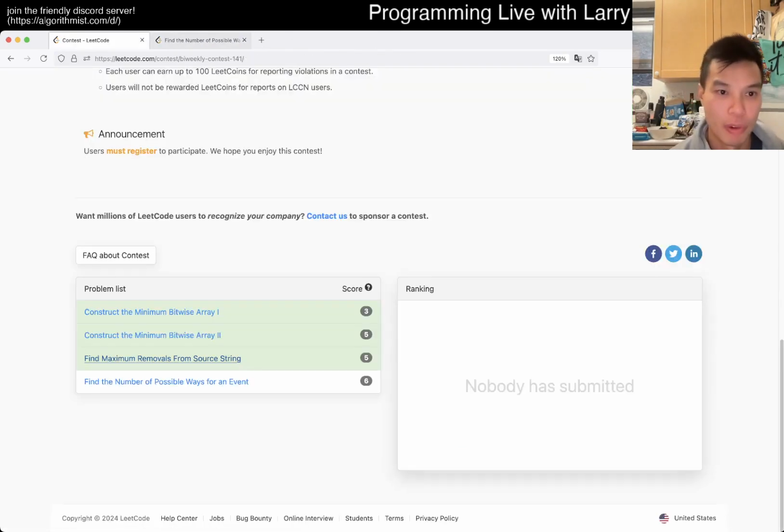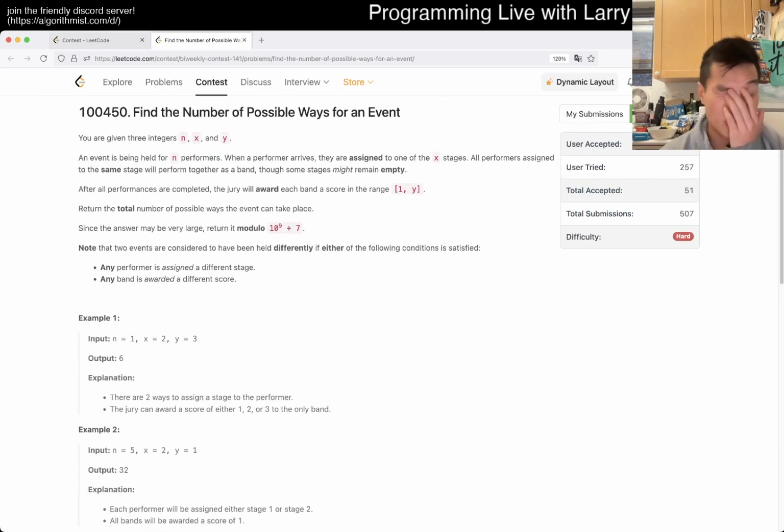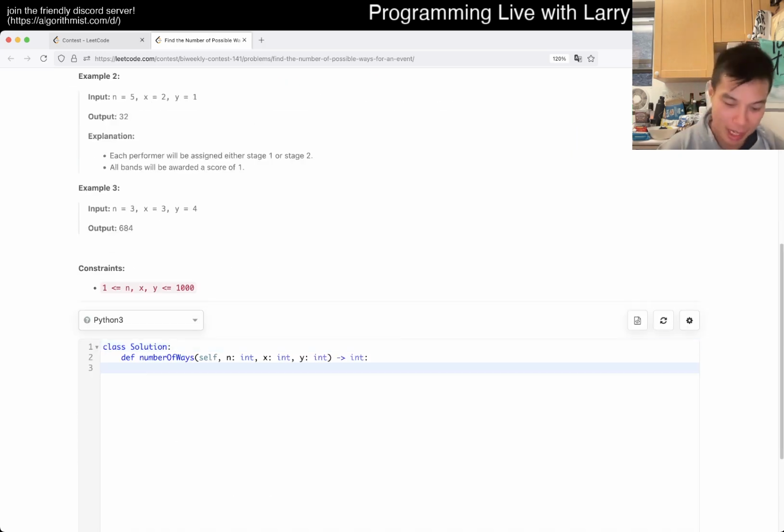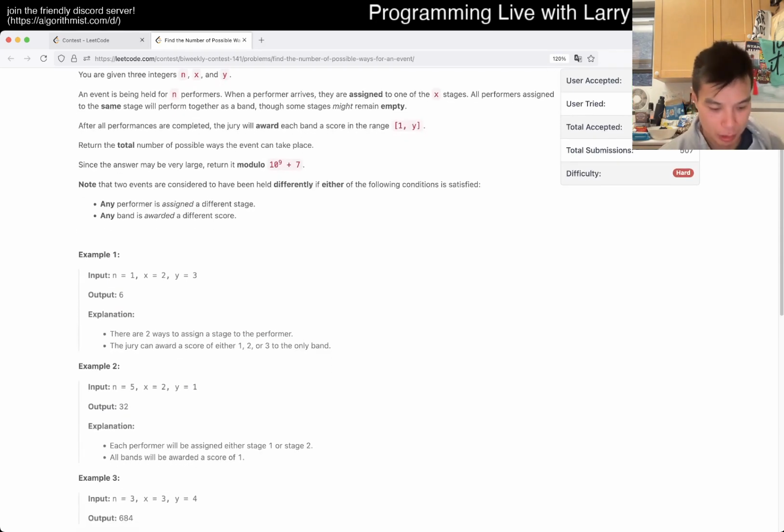Alright, Q4. Whew. You're given 3 integers, n, X and Y. X stages. Some stages. 1 to Y. Return it. What? Alright, mod. I don't know what's going on. Okay.